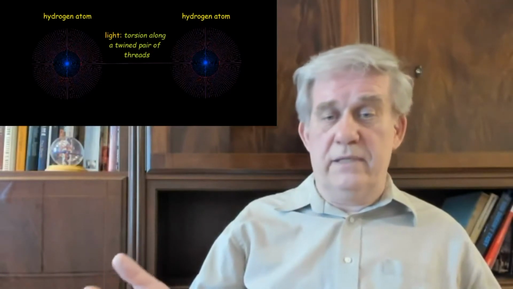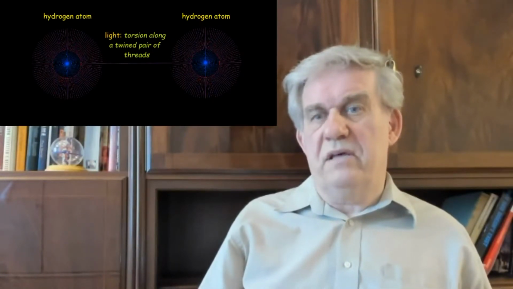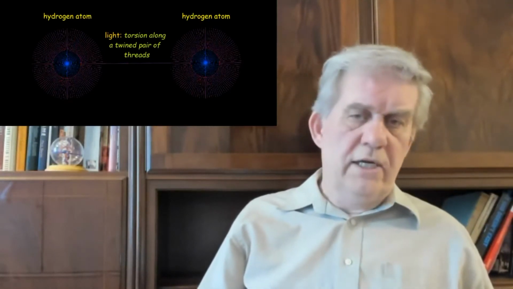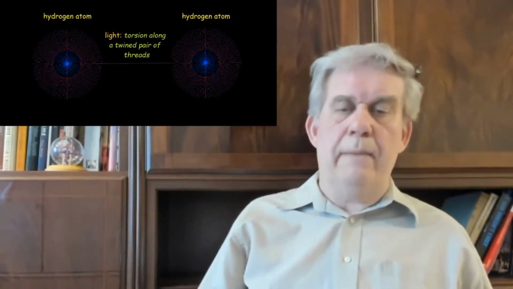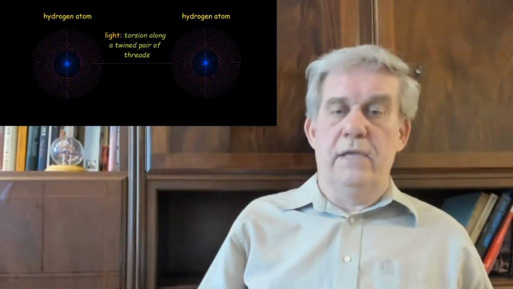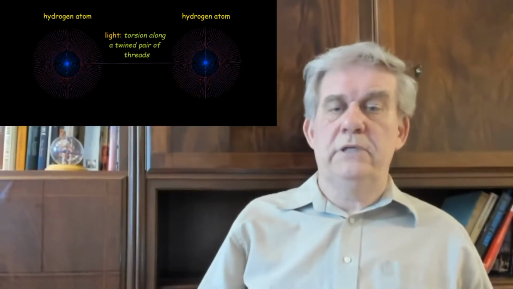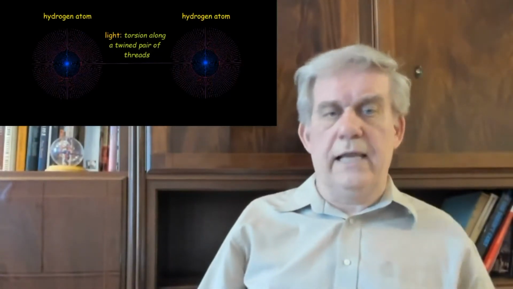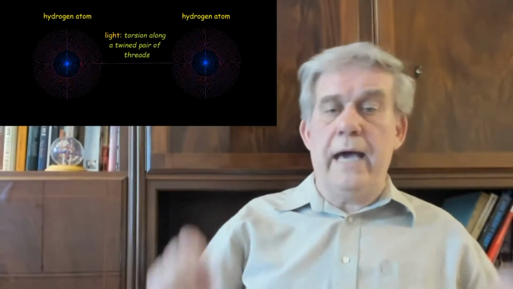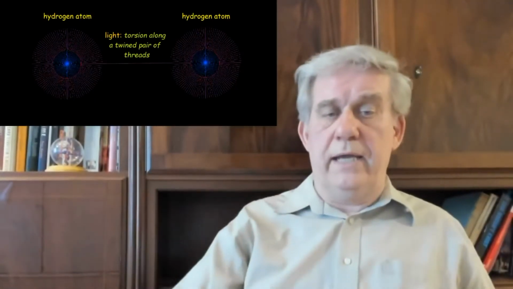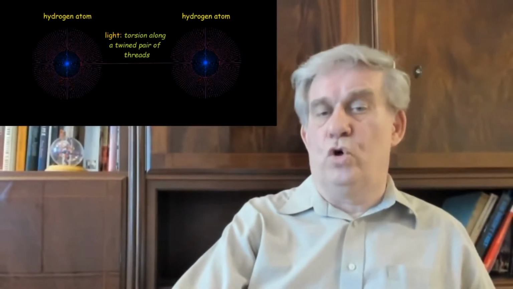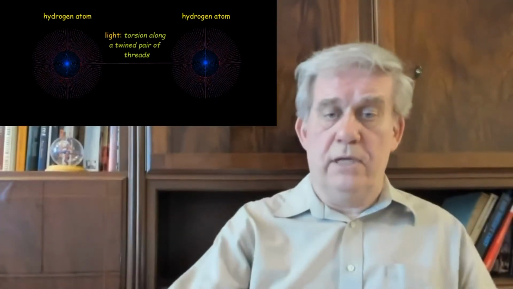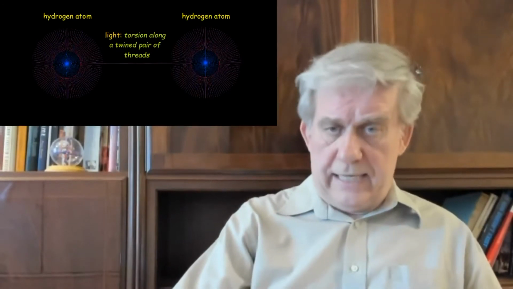In fact, one of the theories, or guesses, intuitions, is that DNA copied its form from light. That's why DNA is helical, just like light is. The atoms pump back and forth, and they essentially transmit a torsion from atom to atom, and the torsion travels in both directions. That's light.